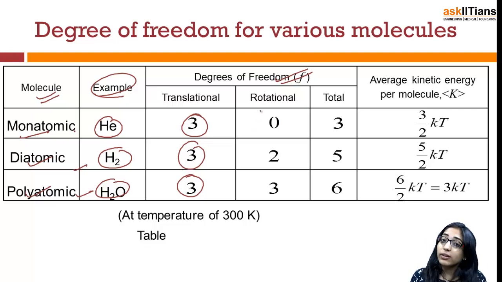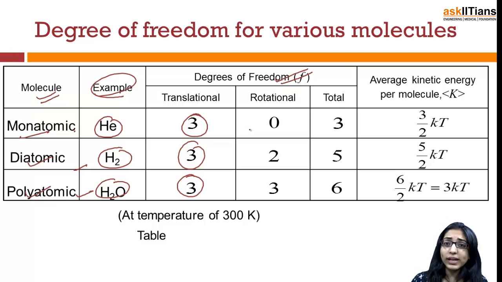If I am talking about the rotational degrees of freedom, you know that rotation is always defined with respect to another atom. In a monoatomic molecule, there is just one particular atom, and no other atom corresponding to that atom.